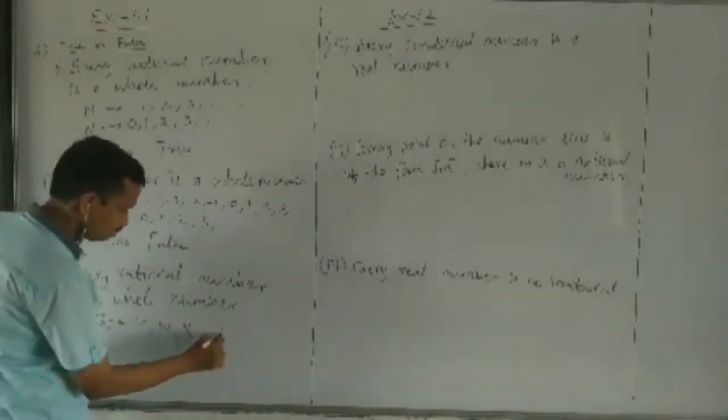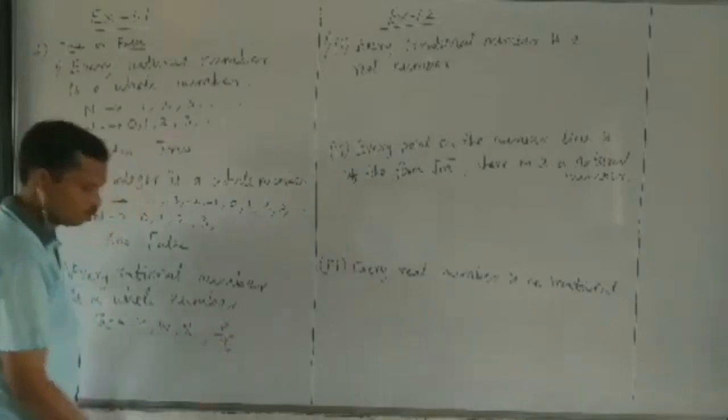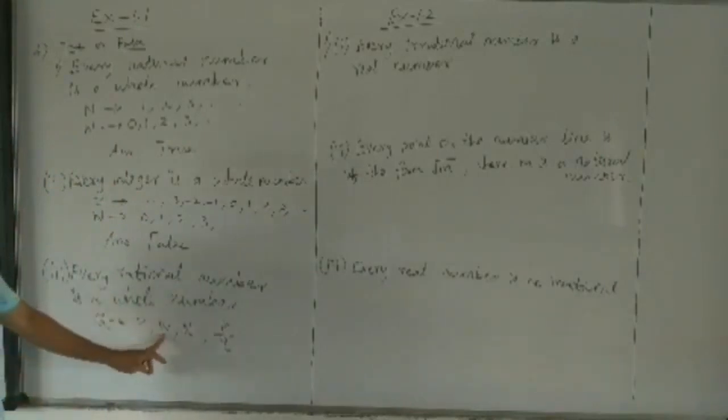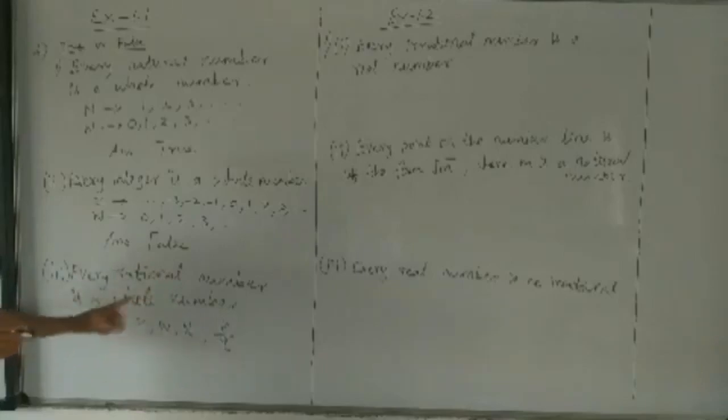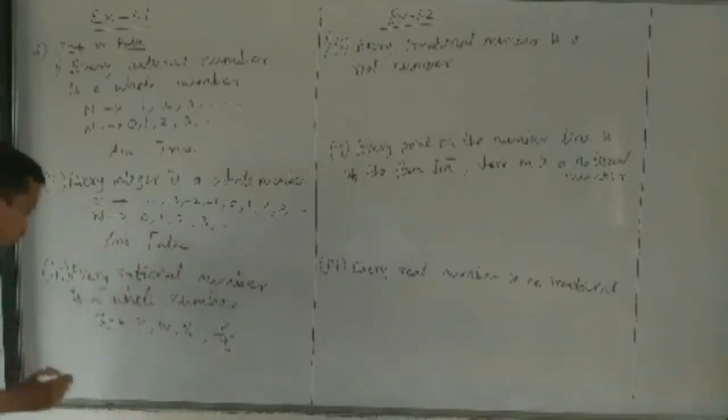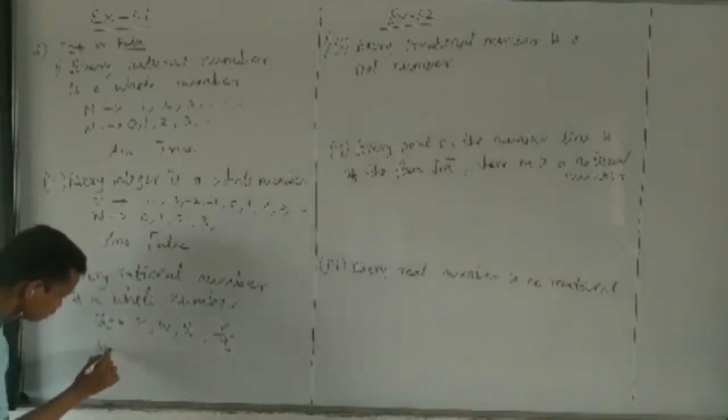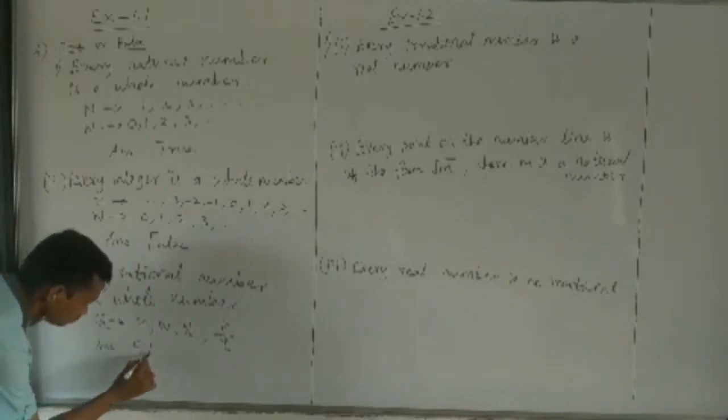Of the form P by Q, that is integer by integer, that's also a rational number. But in whole number, only the W, that I have already written. You see here 0, 1, 2, 3, etc. That is only whole number. So every rational is a whole number is wrong. Okay. So the answer is false.